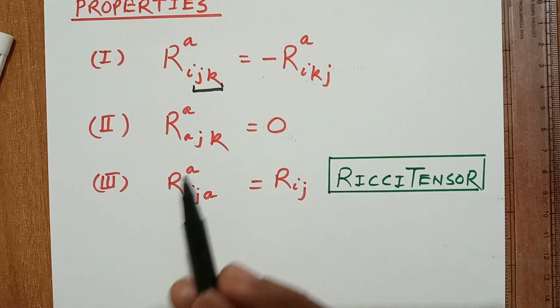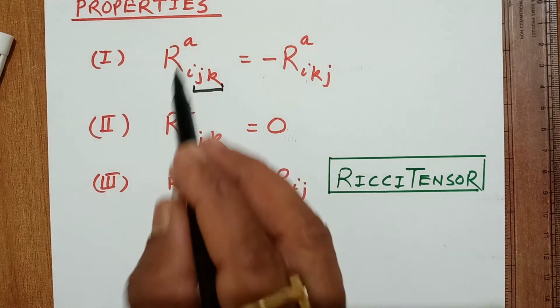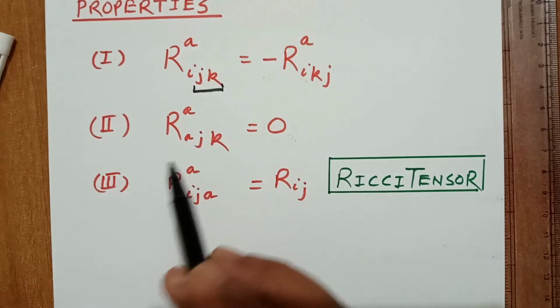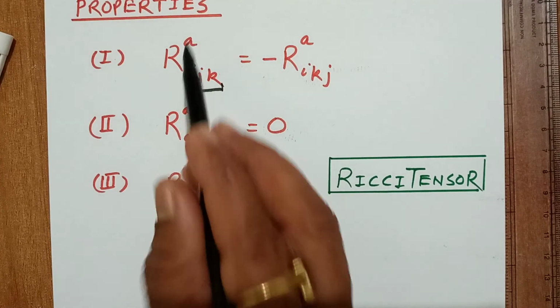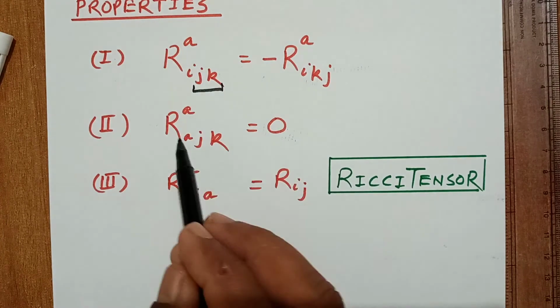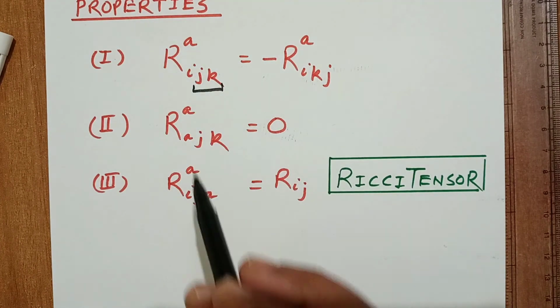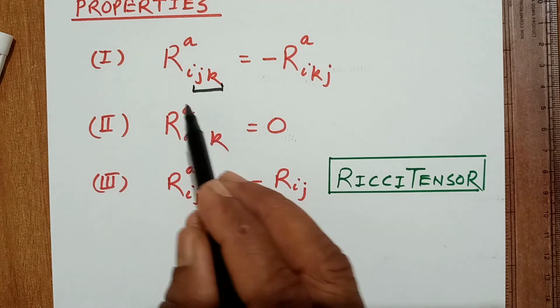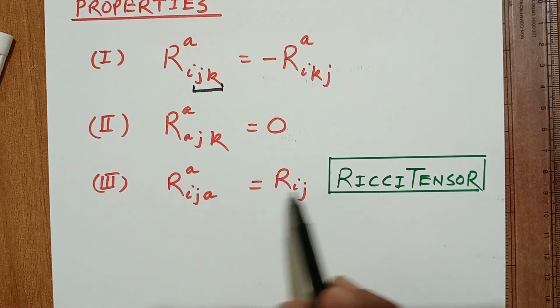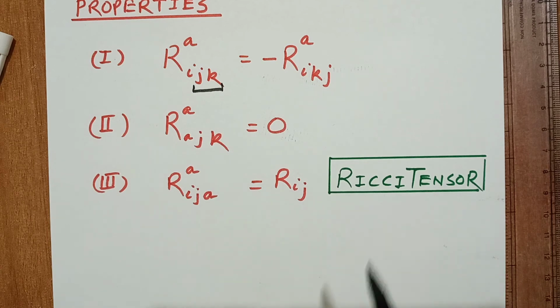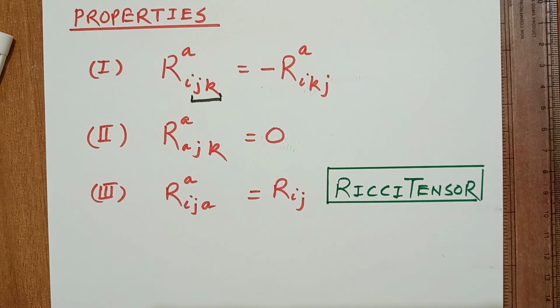The second property is that R^a_{ijk} gives two values: if we put a equal to i, the first upper and first lower, it is equal to 0, and if we put upper and third, it is equal to R_ij, the very important Ricci tensor. We will prove these one by one.